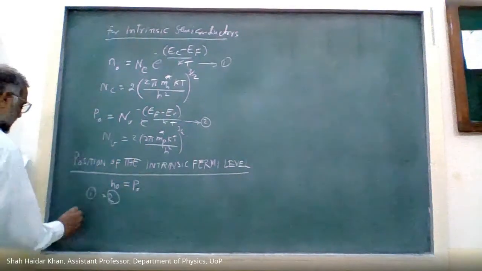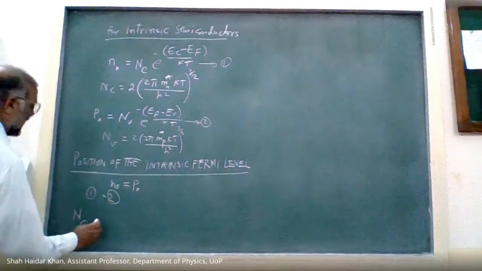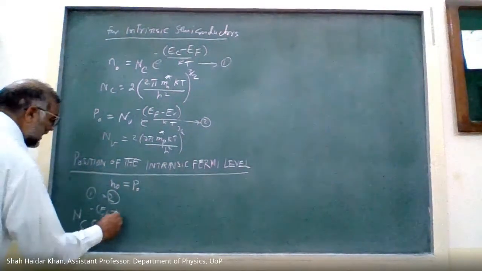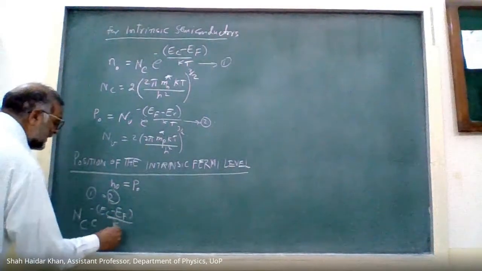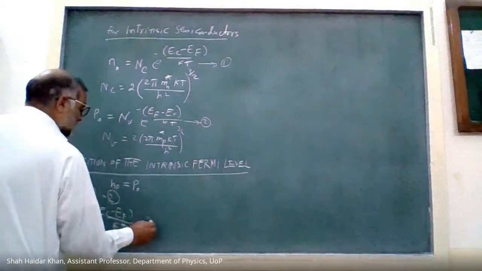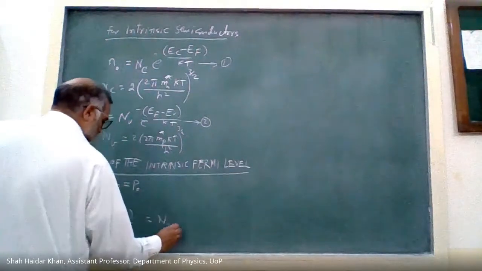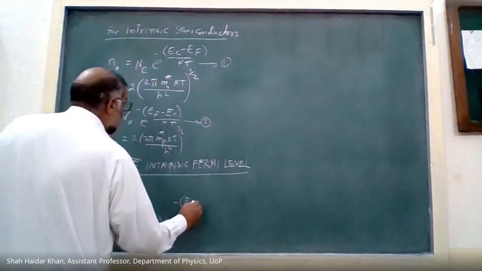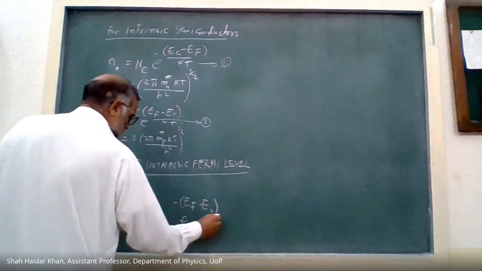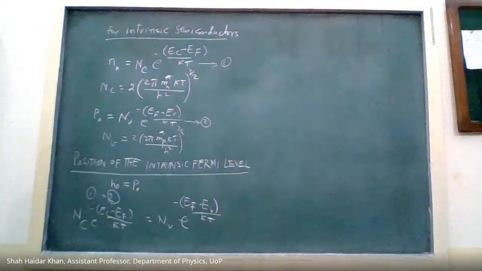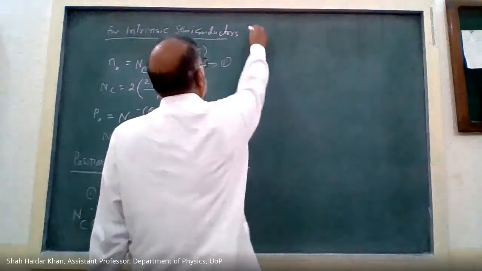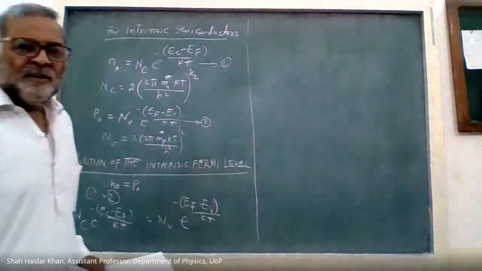So we get Nc e to the power minus (Ec minus Ef) over kT, that is equal to Nv e to the power minus (Ef minus Ev) over kT. Now, for mathematical simplification, let us take the logarithm on both sides.